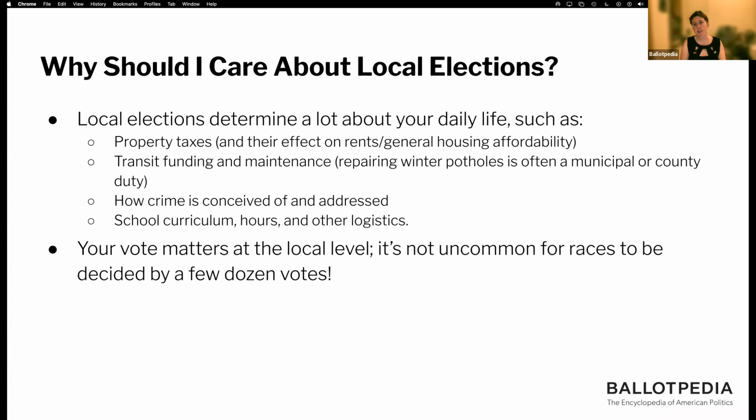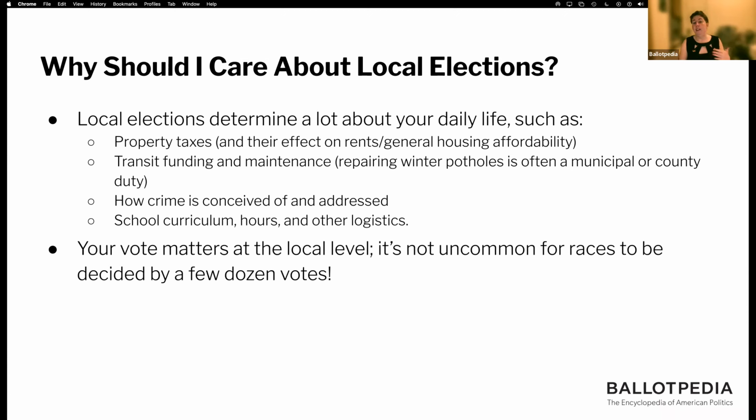We have a lot of potholes, but like potholes, public transit, all of those decisions are made at the local level. How your community conceives of and addresses crime. So which tactic they prefer to take and what measures are put into place. For school boards, stuff like the school curriculum, school hours, other logistics about schooling that can impact you or your children.